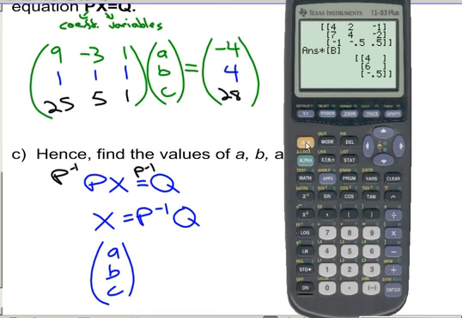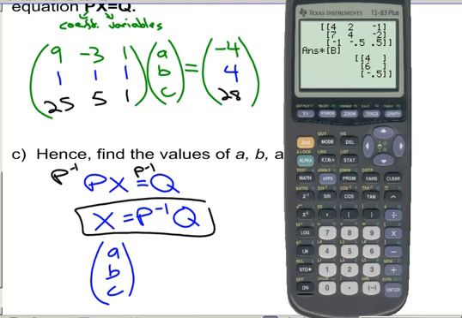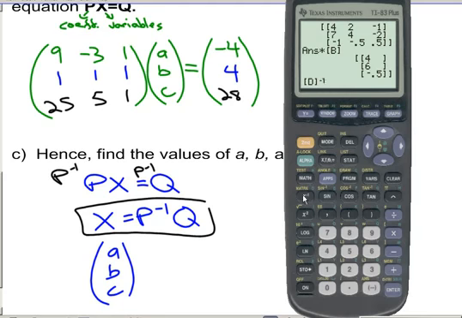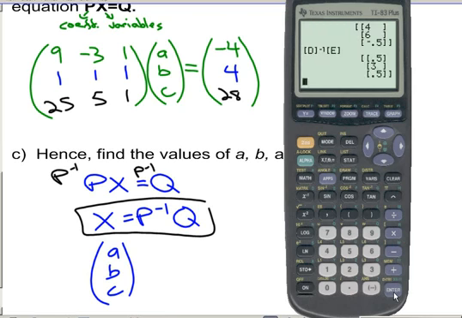Okay, so now we're actually going to do this step over here. Multiply the inverse of P, which for me was the letter D, times the matrix Q, which for me was the letter E. And we get our nice result, 0.5, 3, and 0.5.